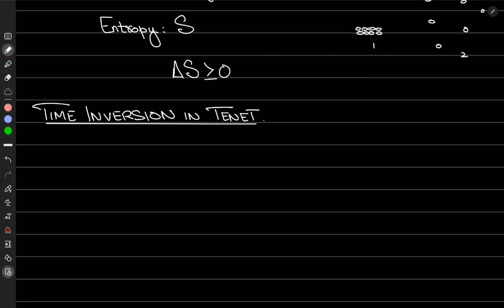According to the movie storyline, time inversion is achieved by using a machine called the turnstile. These are not real facts that time inversion can be achieved by some machine called the turnstile. This is completely according to the movie storyline.